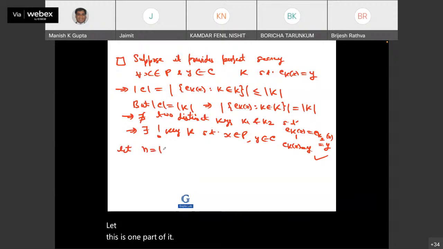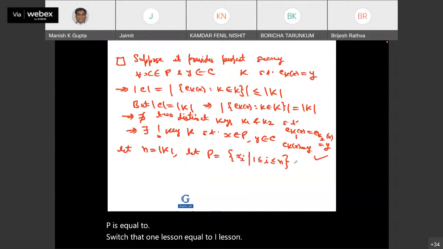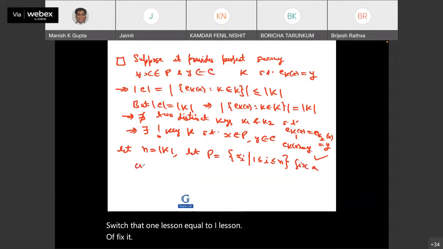Let n be equal to size of K, and let P be equal to {x_i}, such that 1 less than or equal to i less than or equal to n. Fix a ciphertext element y in C. Now name the keys as k1, k2, and so on.